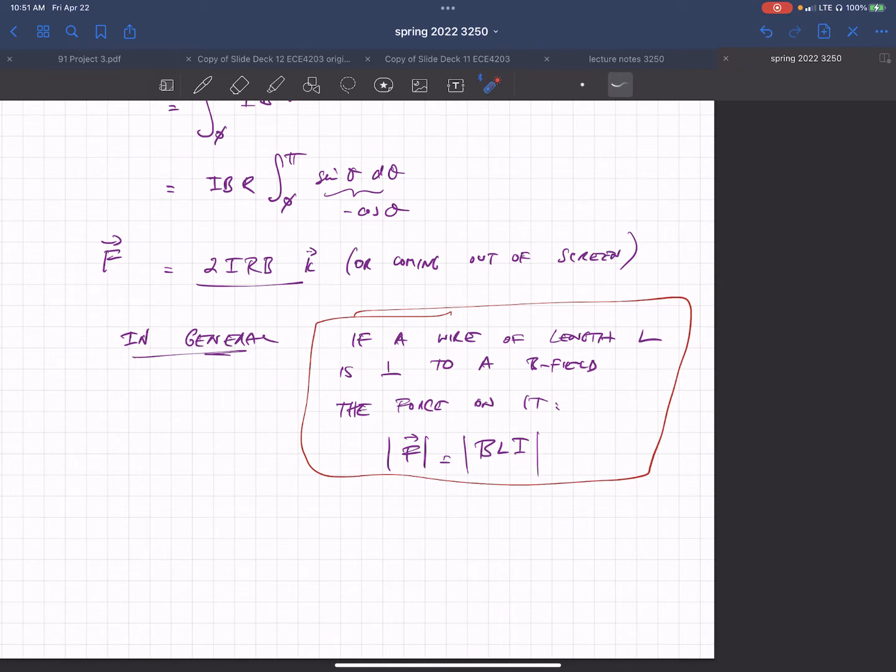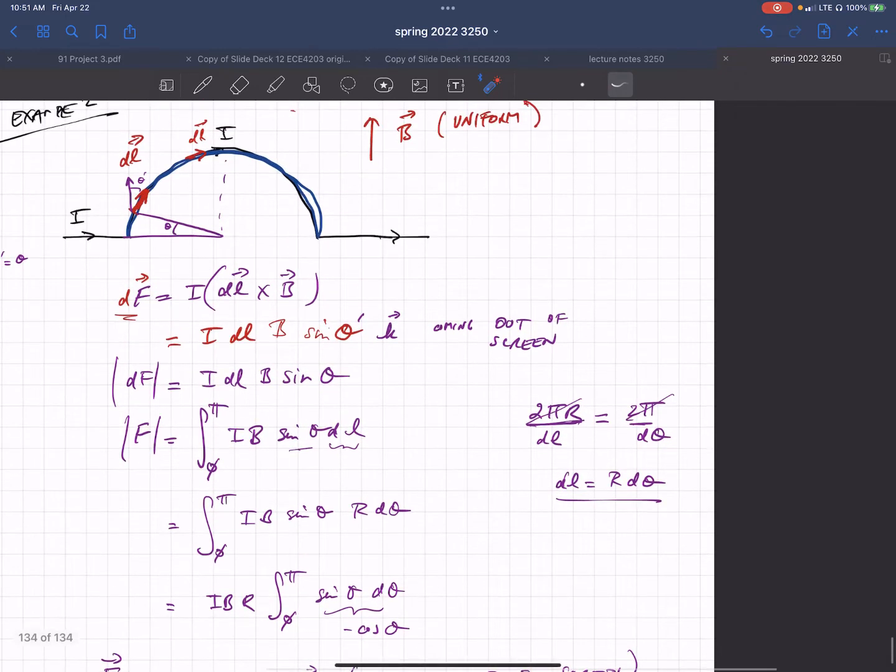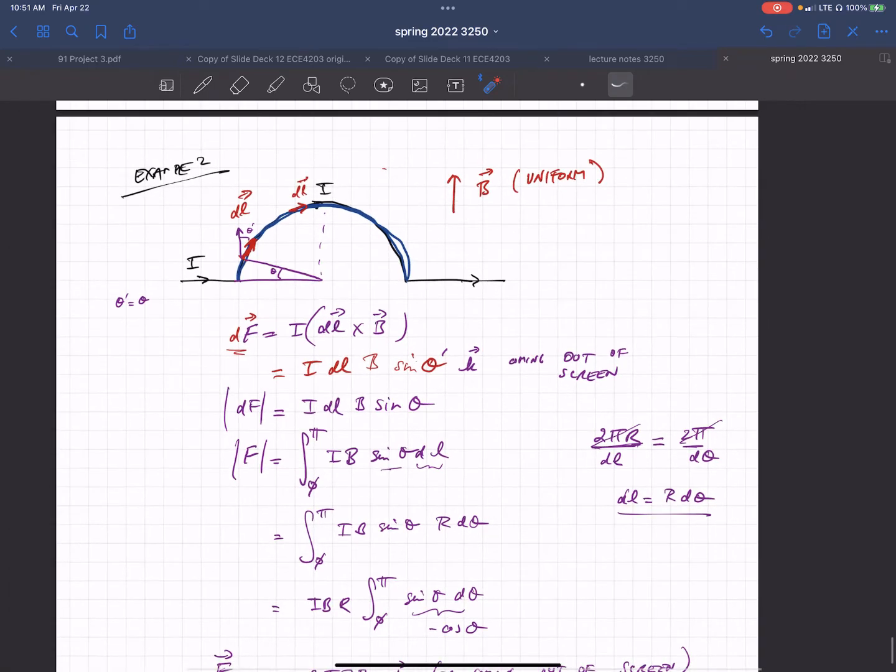So that's the story. You would end up feeling, in this magnetic field with this current, a force coming out of the screen. Again, illustrating that we need a current to flow to feel this force.